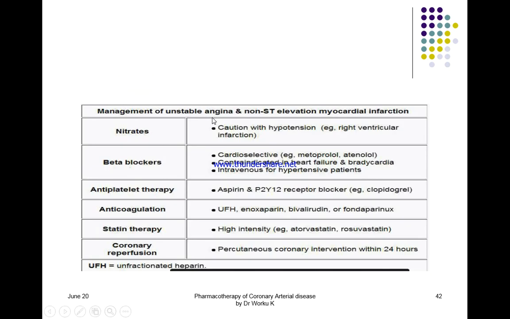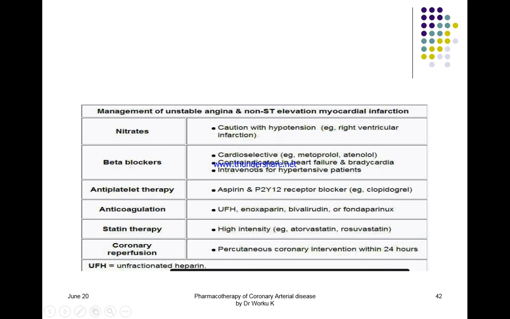This is the management of unstable angina and non-ST elevated myocardial infarction. Nitrates: be cautious in patients at risk of hypotension, like right ventricular infarction, because nitrates by themselves will cause hypotension, and if the patient has underlying risk, it will further put the patient at risk of hypotension.